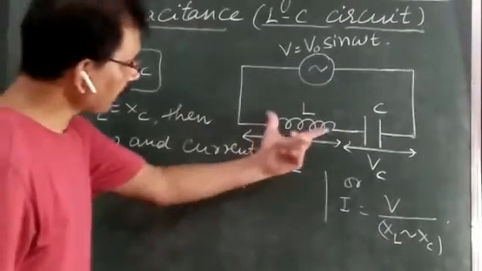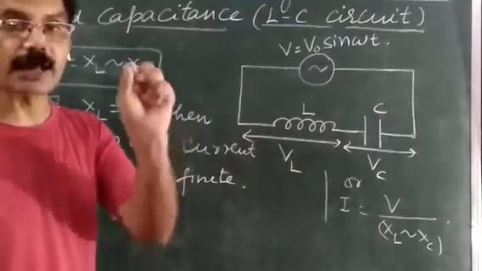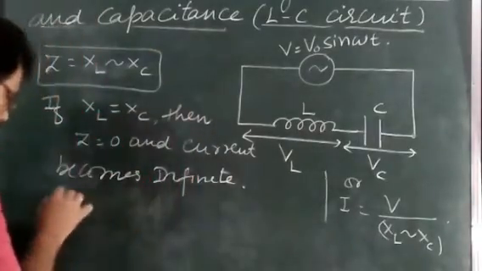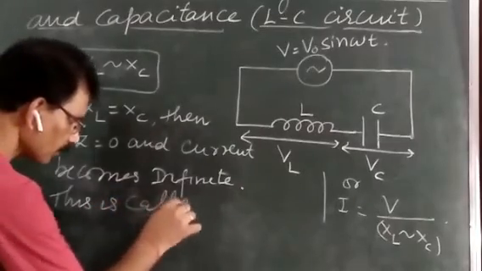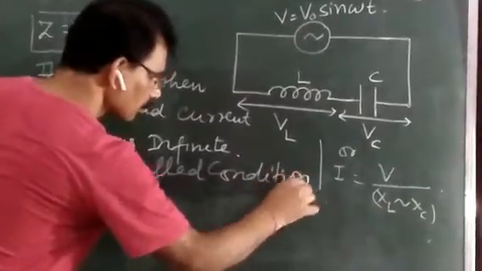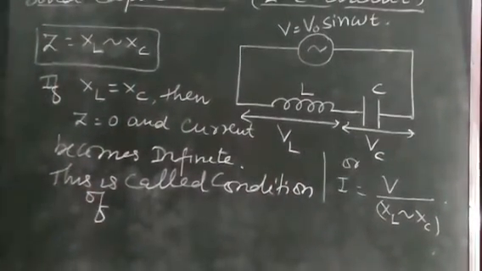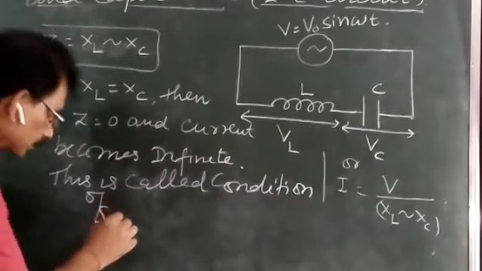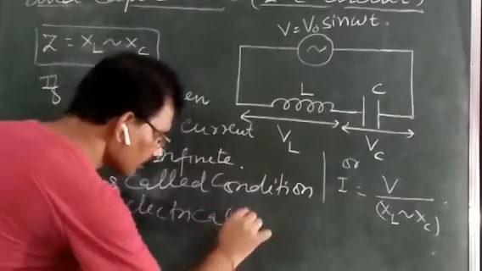And when current becomes infinite in the circuit, then this one is called the condition of electrical resonance.